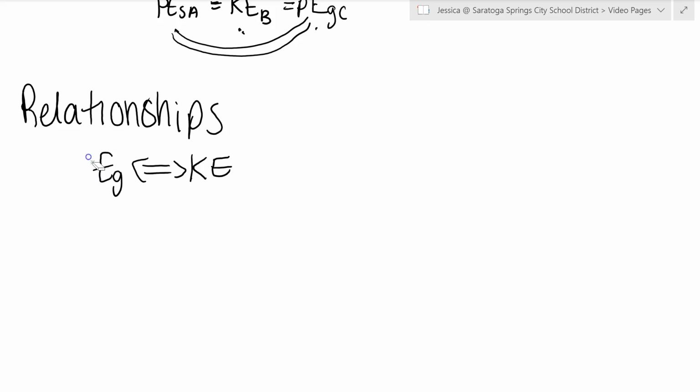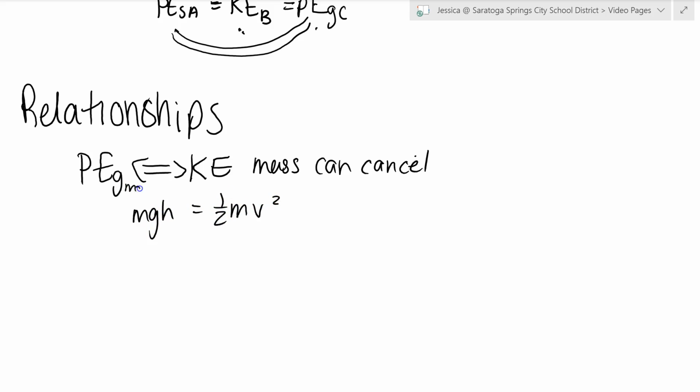Okay, remember, if those are the only two types of energy we have, then mass can cancel. Okay, so we're essentially converting mgh's into 1/2 mv squareds. And again, these are maxes. Okay? There are going to be instances in between where we have some potential and some kinetic. So again, mass can cancel.